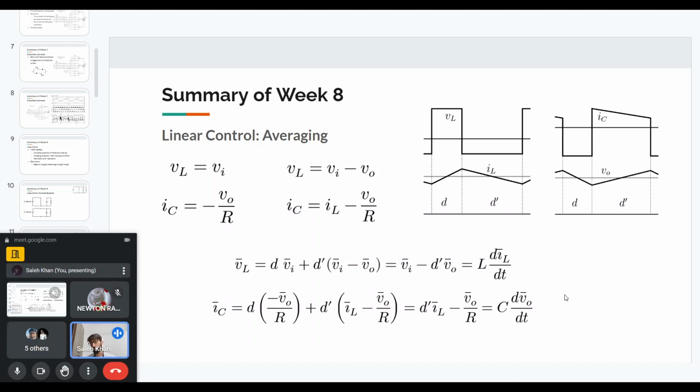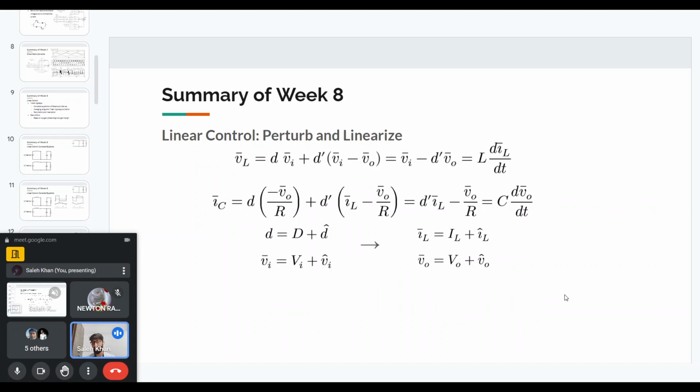Now I will do the linearization, or go to the perturb and linearize step. What this means is that we will have an operating point. For example, a capital D and a capital Vi. So we have an operating point with some duty and some input voltage, and then we will perturb it at this point.